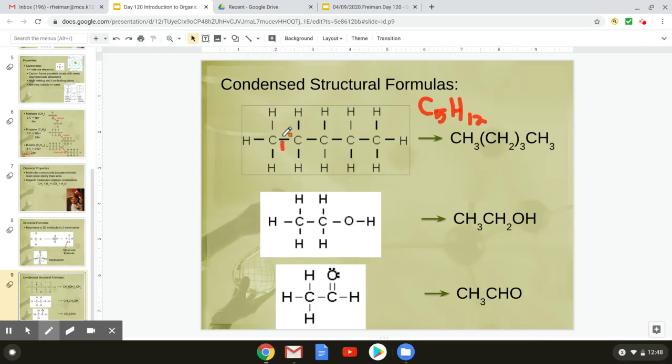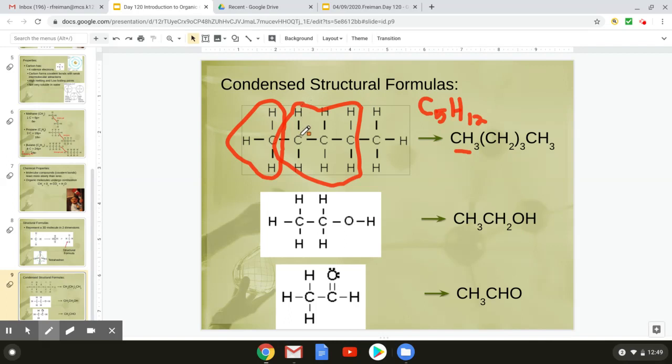So we have, starting from left over here, we don't always have to start at the left. We usually start where there's a functional group or a double or triple bond. But in this case, since it's all single bonds, doesn't matter what side we start on. So we start with a CH3, 1 carbon, 3 hydrogens. So we've got CH3. That's written first. Then we have this carbon here, which has 2 hydrogens, and then another one with 2 hydrogens, and another carbon with 2 hydrogens. So then we have this section of the compound in the middle, which is made up of CH2s.